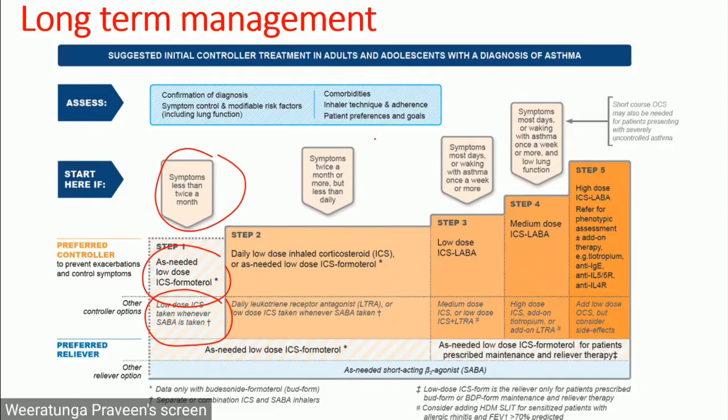That is very important to remember. So no longer do we recommend a SABA as a sole intermittent therapy. The preferred approach is an as-needed ICS formoterol combination, or when they're taking a salbutamol, take an ICS as well with that. Okay.